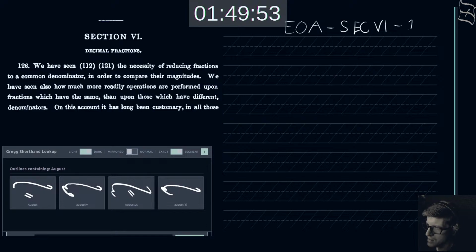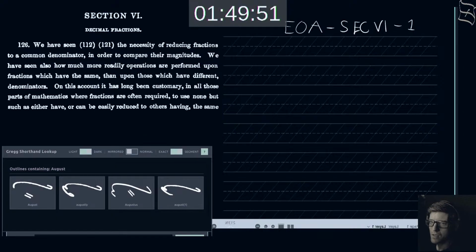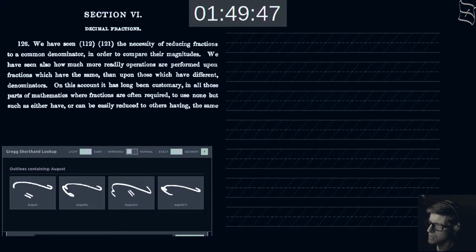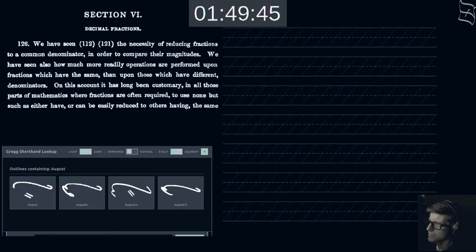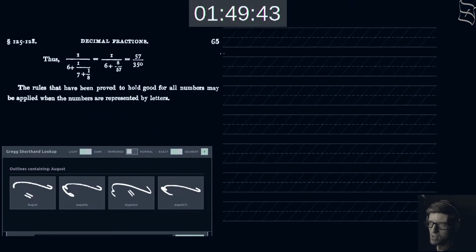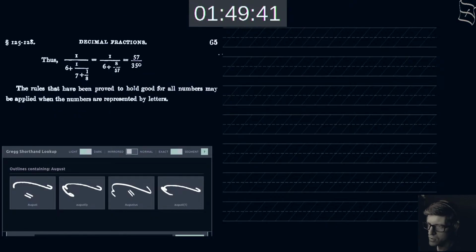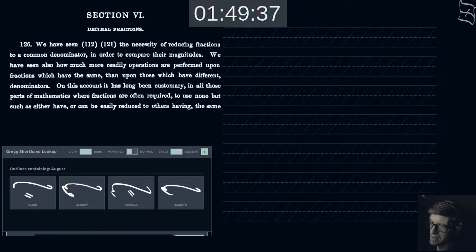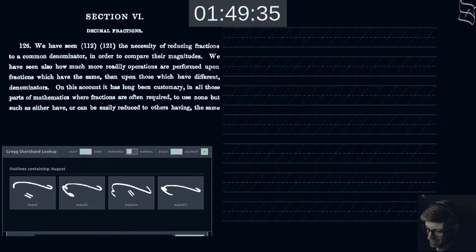Yay! All right. Article number 126, by the way, which is really neat. I started copying this last week on Tuesday, right? And we're already 65 pages in. So, hey, not bad, not bad. Little wins. Here we go.